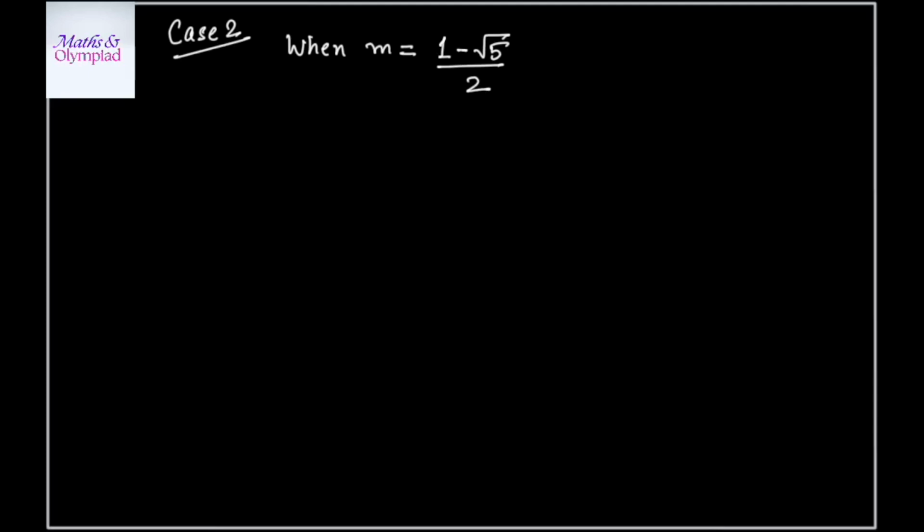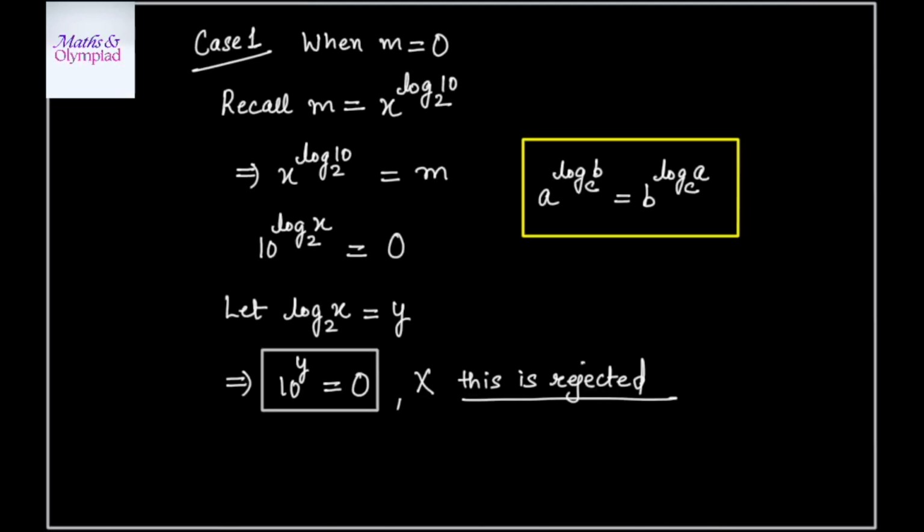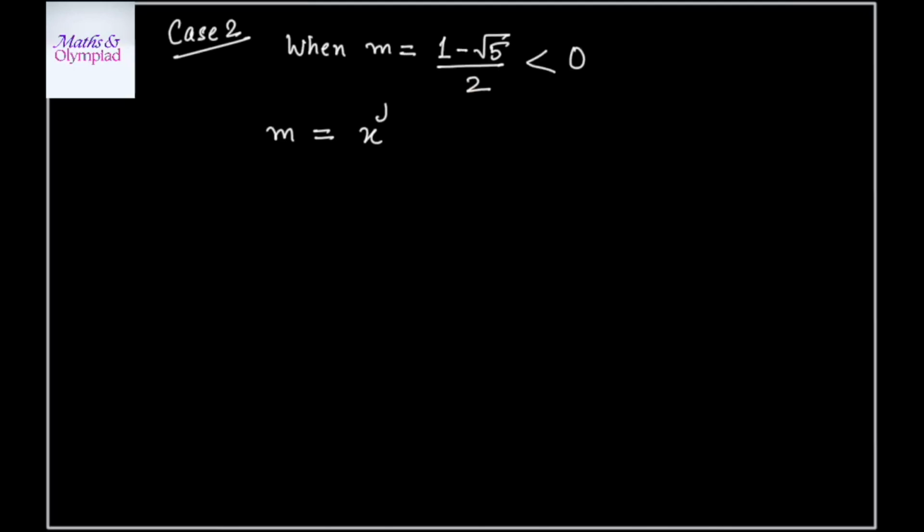Since this value is less than 0, which means it is negative, and we have m equal to x raised to the power log 10 to base 2. So this implies x raised to the power log 10 to base 2 equal to 1 minus root 5 over 2.